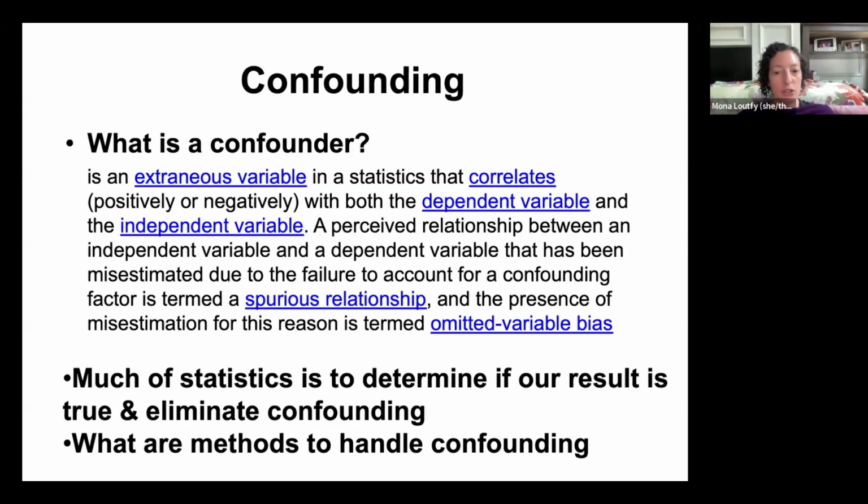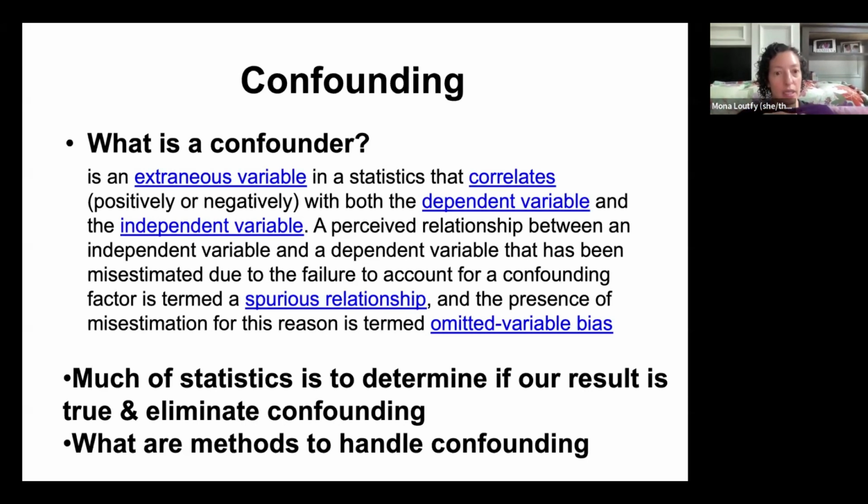For example, back in the 1950s, they thought yellow fingers were associated with lung cancer. Yellow fingers was the exposure of interest and the outcome was lung cancer.